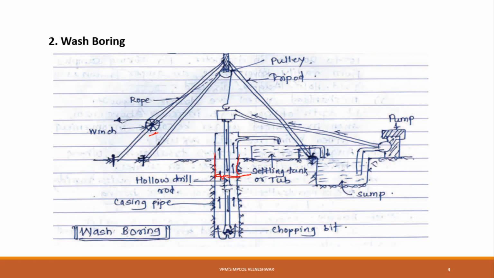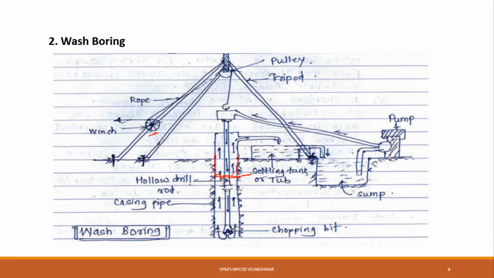Now the soil, loosened due to the chopping bit and water pressure, is floated with the water around the pipe, inside this casing pipe.